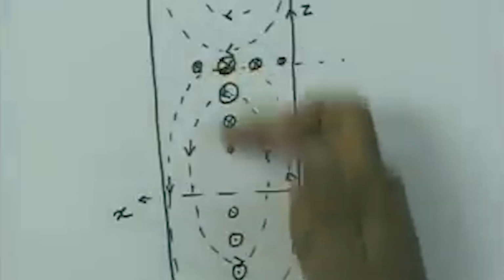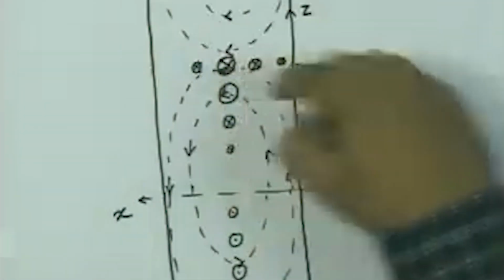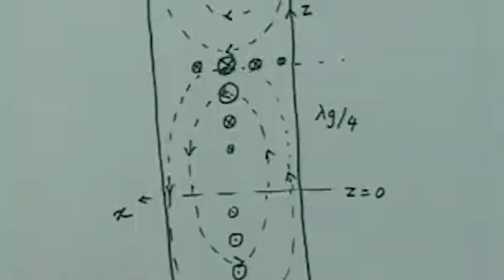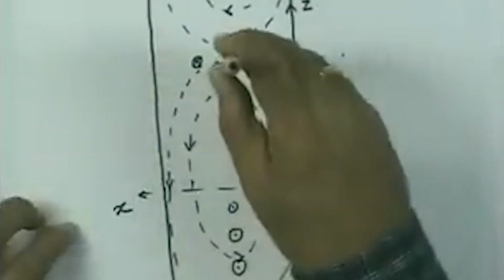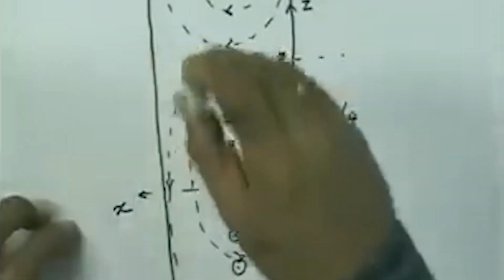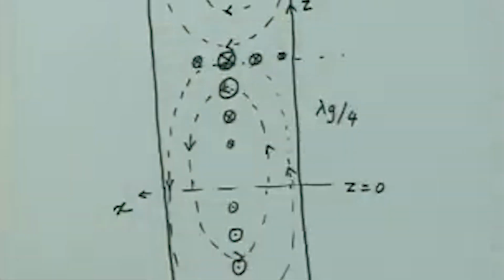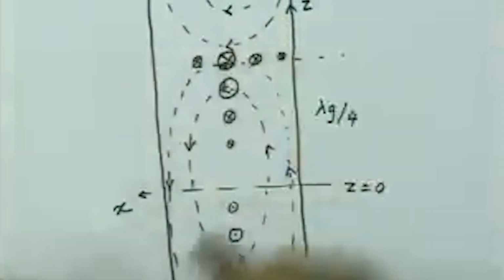So, the electric field will be distributed maximum where the Hx component is maximum. So, this is more like rods which are inserted in these rolled carpets, that is the electric field vectors.